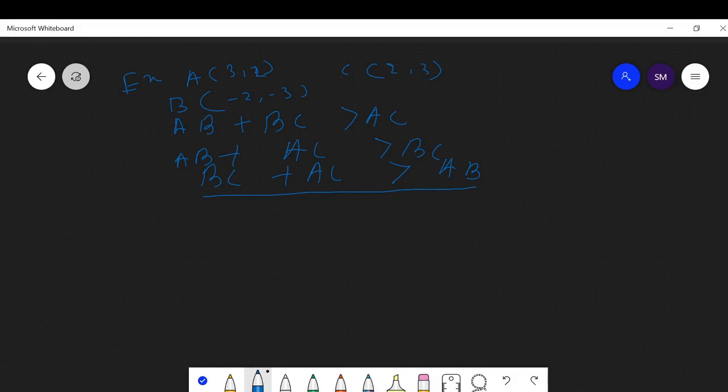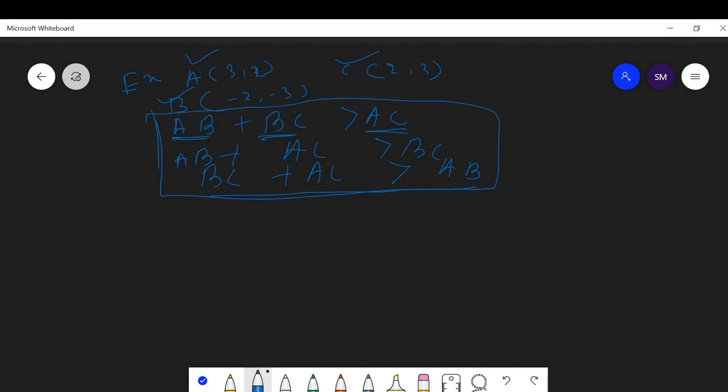As these 3 points are given, by applying distance formula we can find the length of AB, length of BC and length of AC. Then we check whether it satisfies the inequality property of a triangle.